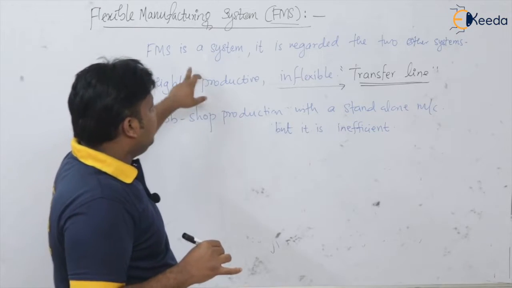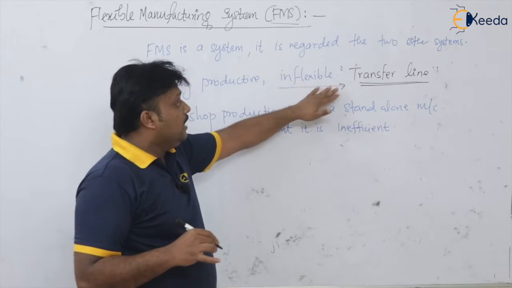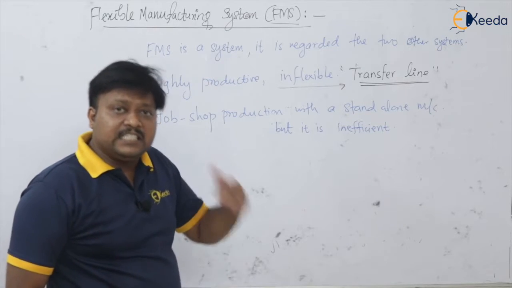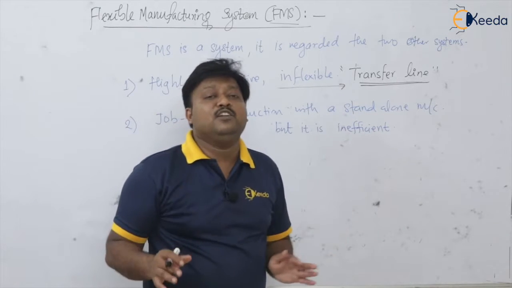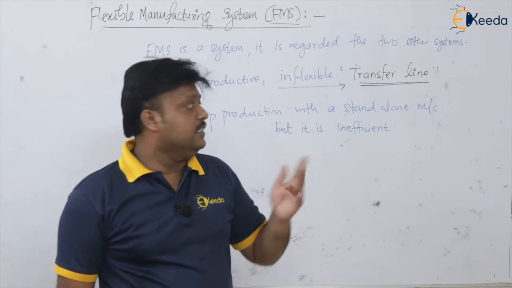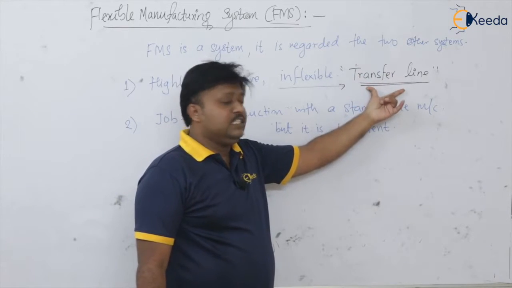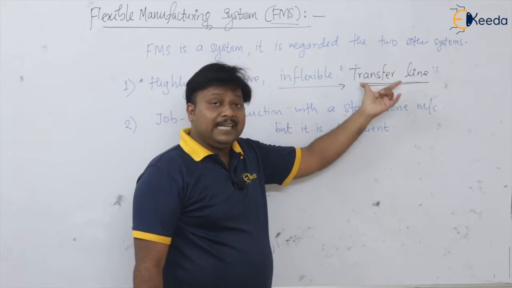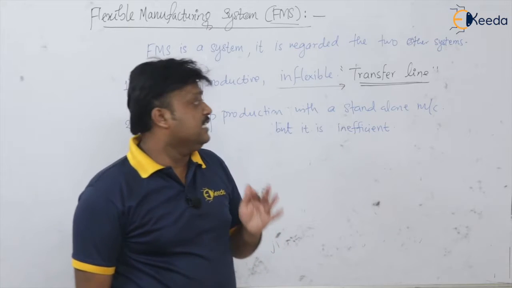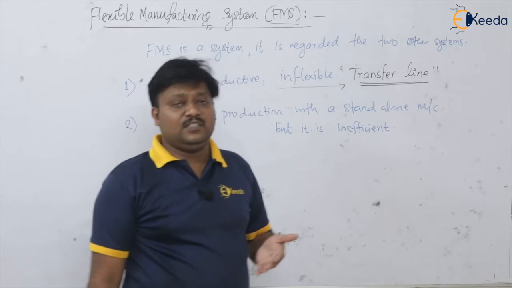The transfer line is the product or line layout that is automated or mechanized in such a fashion that manless manufacturing is possible on the floor. The machines used in the transfer line are known as transfer machines.